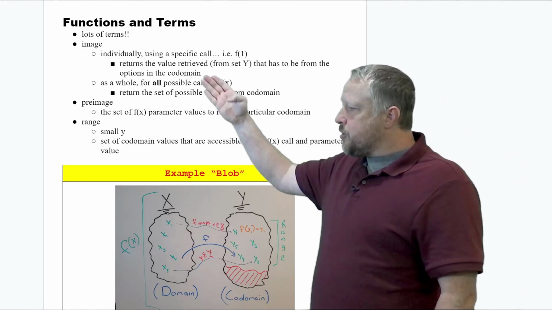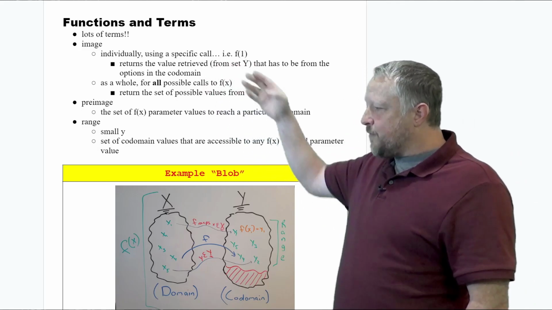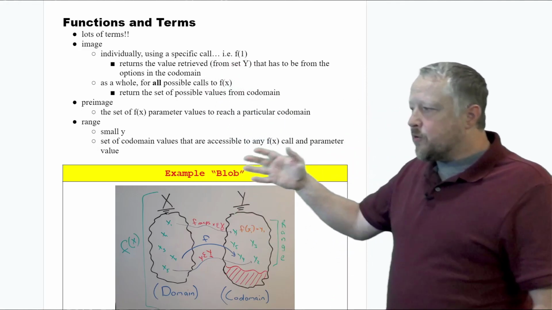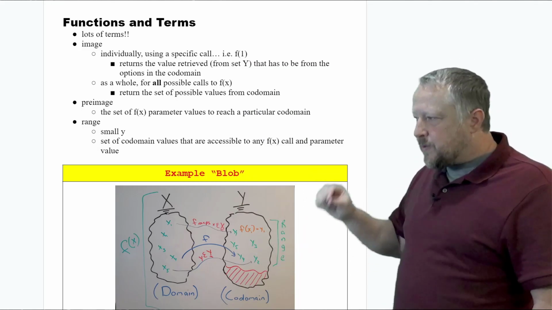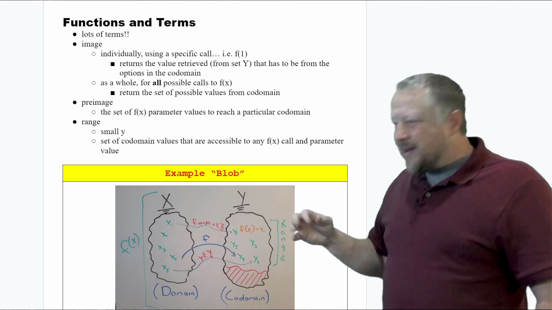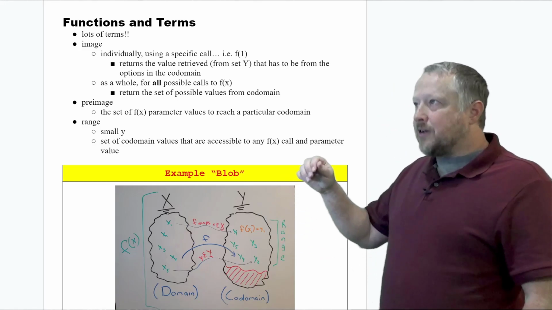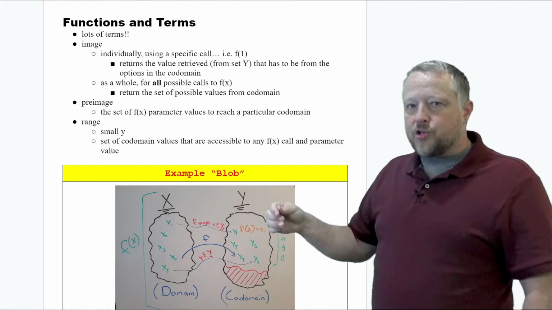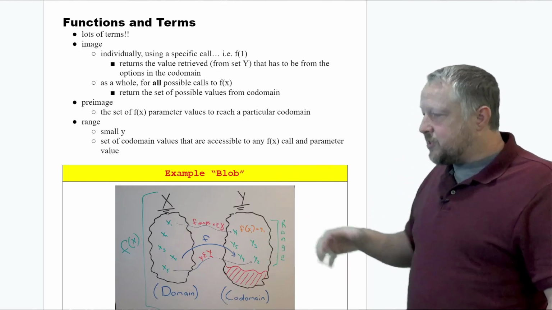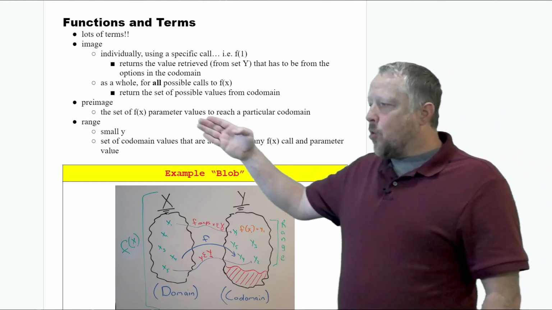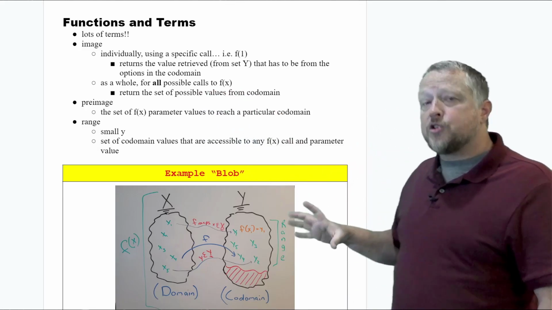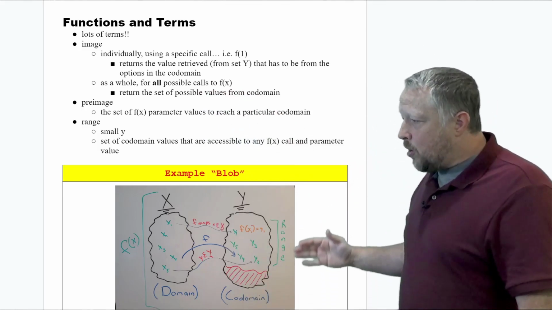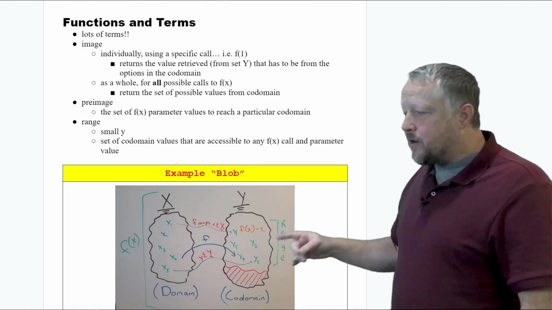But individually, you're using a specific call like f of 1 here, where it's going to retrieve a certain value from y, a very specific value. That is the image, singular, individually set up image for a specific set of a function. But as a whole, for all the possible calls of f of x, it's going to return the set of all of the different values that are in y that we can reach.